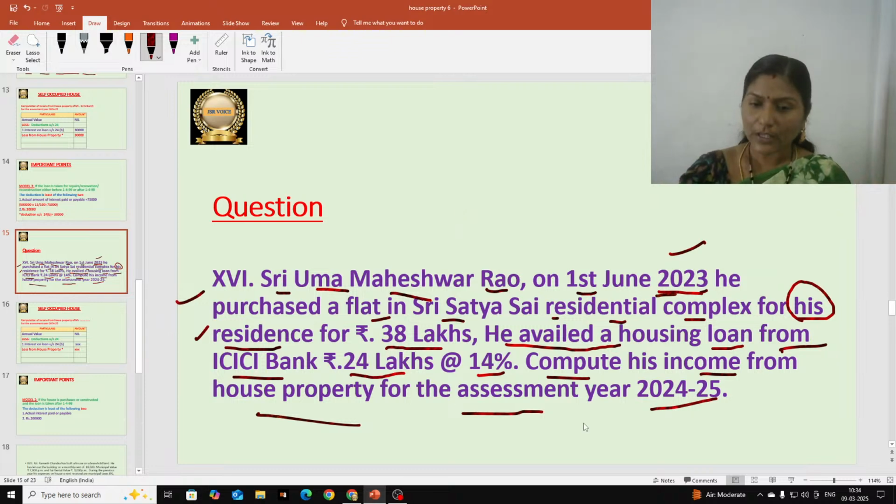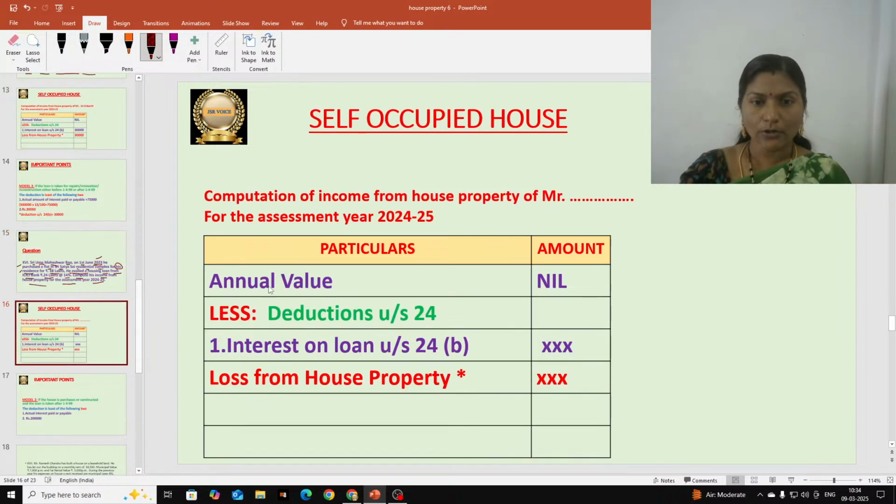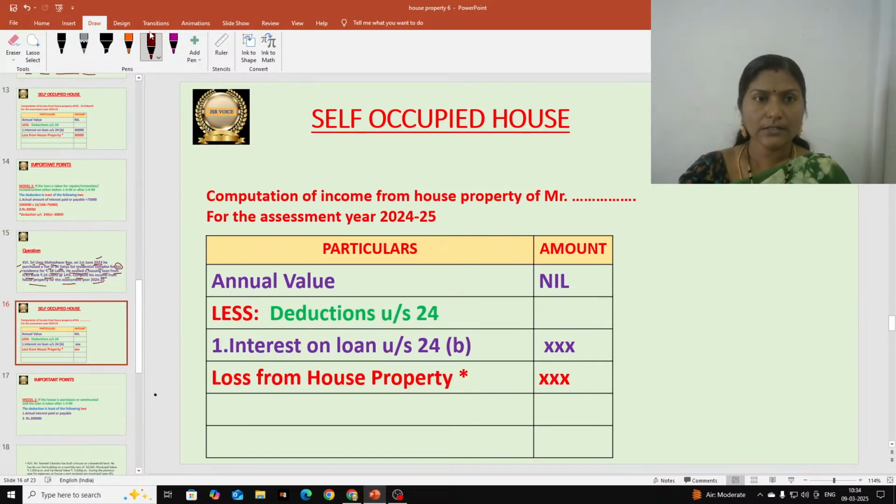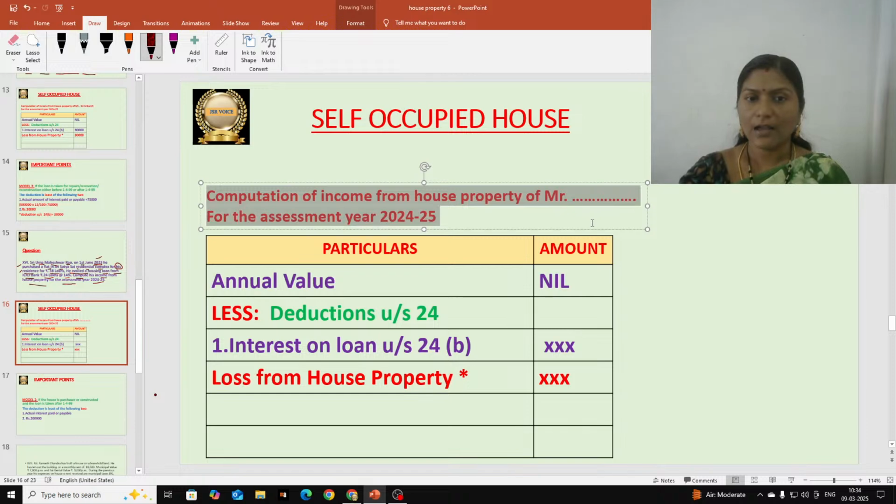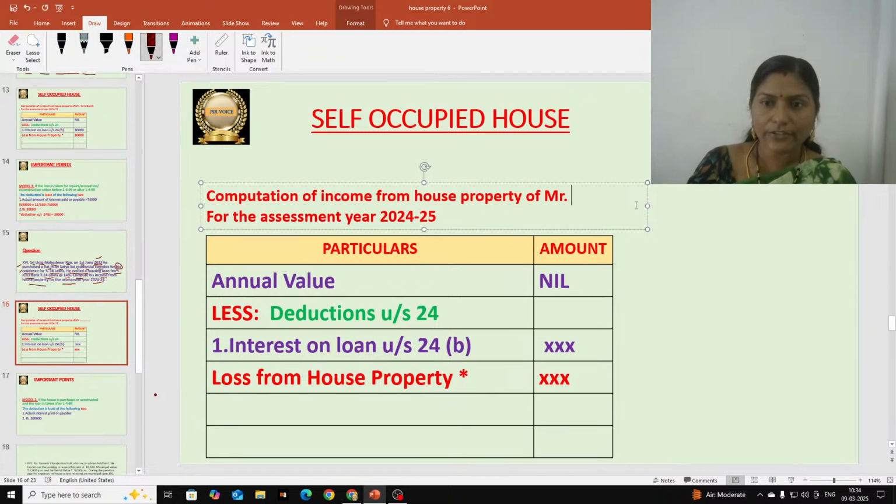Okay, so next let us do the solution. Here is the solution, students. First you should give the heading. Always the heading is: Computation of income from house property for the assessment year 2024-25, but we should write the name of the assessee, students. Here, what is the name of the assessee?